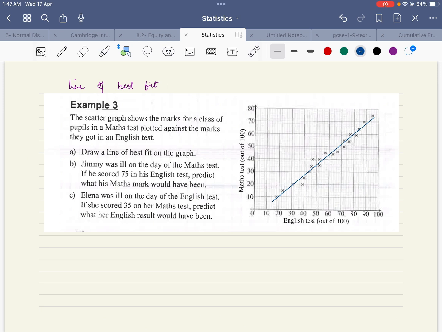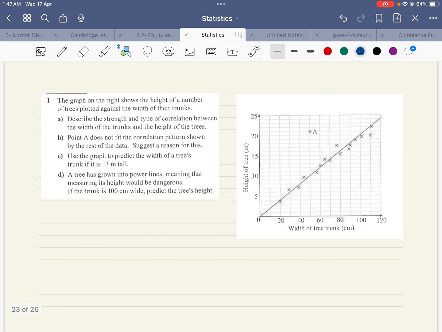So you will see here 75 in English, and then you will predict that it could be 60 in maths. Elena was ill on the day of the English test. If she scored 35 on a maths test, then what will it be? It will be around 55, right? This is how you use these graphs.